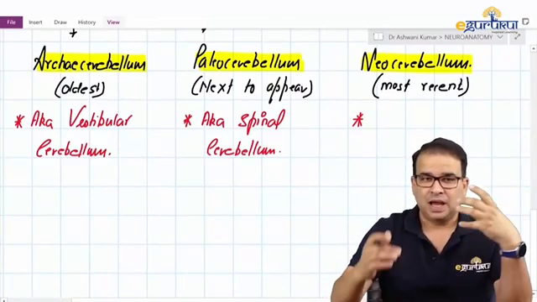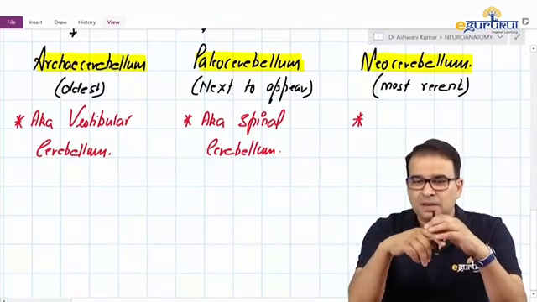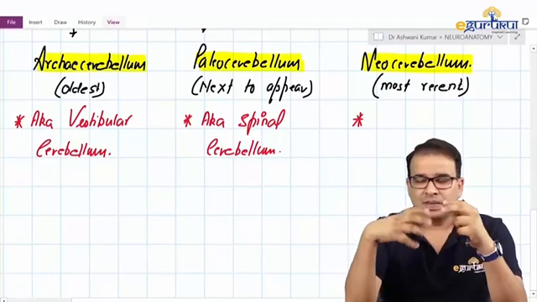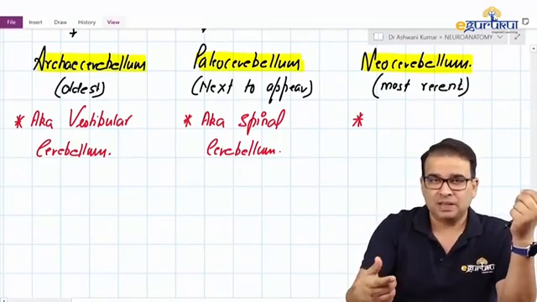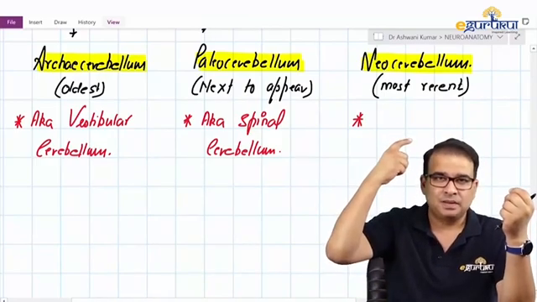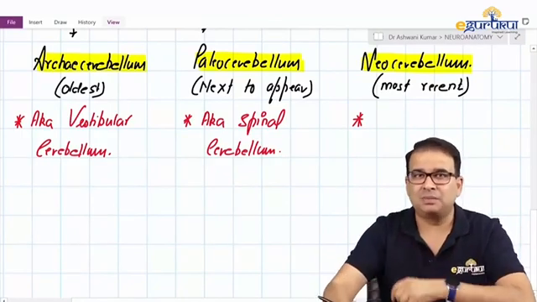And here we have the third part, the one which processes this information and also gives feedback to the cerebrum. How will the cerebellum coordinate a movement? By taking afferents from the different tracts coming in, processing the information and giving feedback. The cerebellum cannot change the movement. All it can do is inform the cerebrum, because the changes have to be done by the cerebrum only, which is the only thing that can make a muscle move.